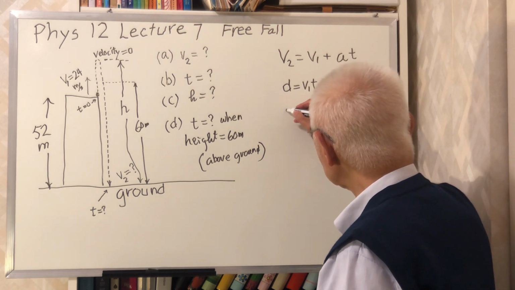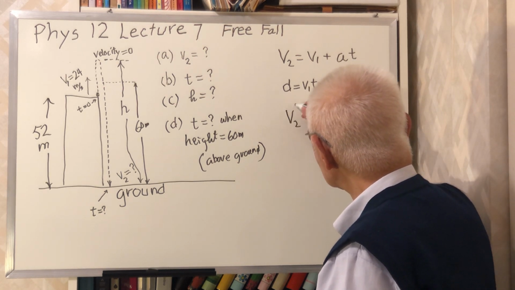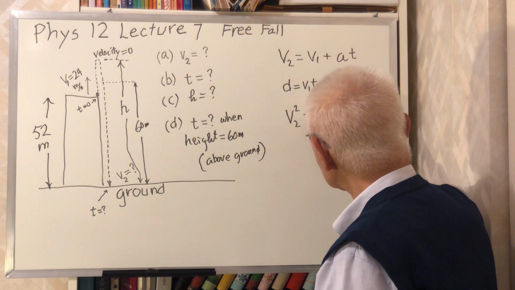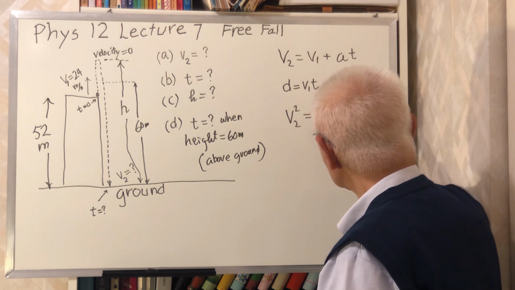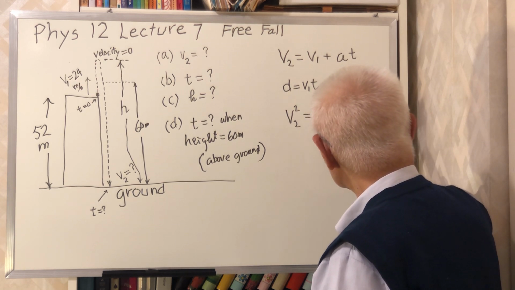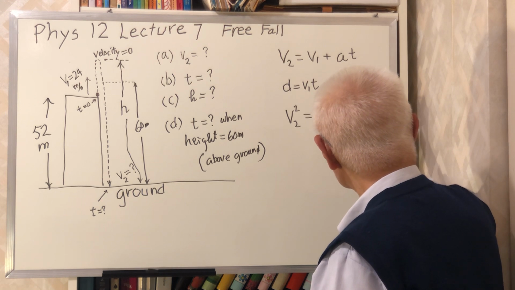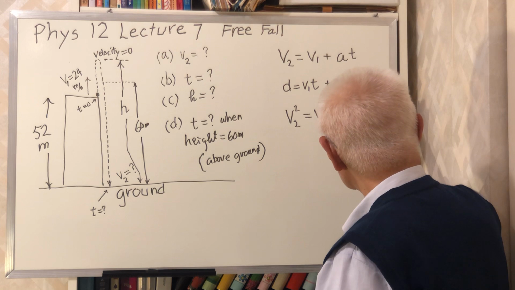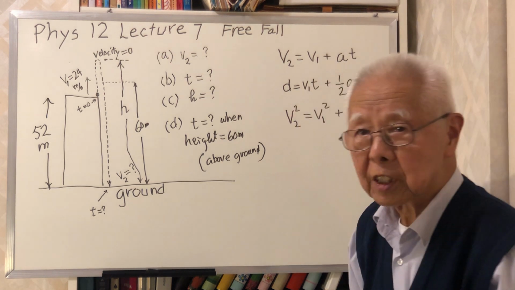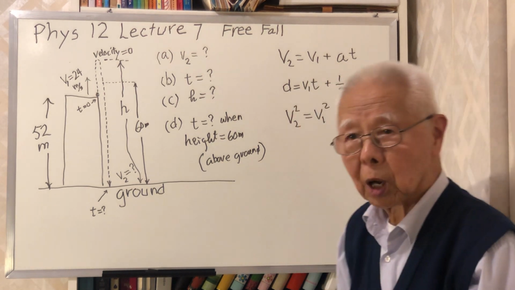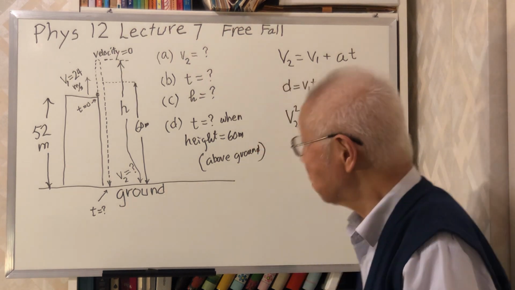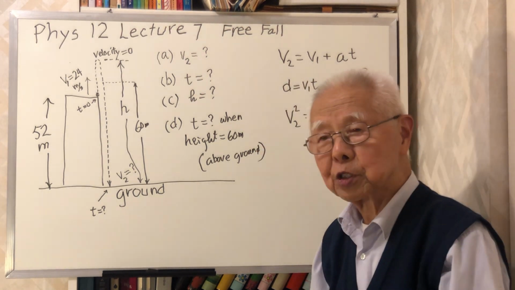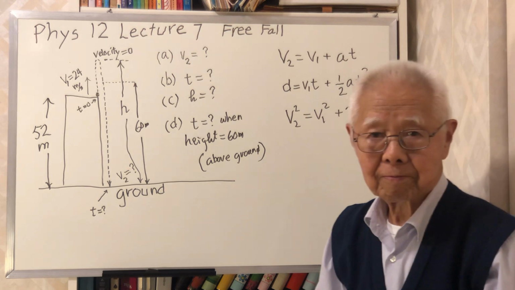The third equation is V2 squared equals V1 squared plus 2AD. Okay. So these are the three equations you need to remember.